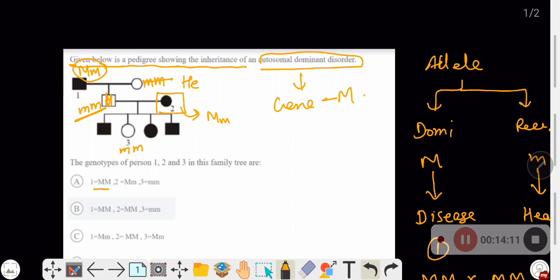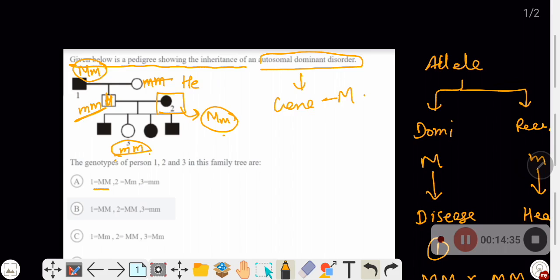Only then can it produce a healthy progeny, this one. So the second person's genotype is also heterozygous. So the first person has a heterozygous genotype, the second person has a heterozygous genotype, and the third person is homozygous recessive. We have already solved this puzzle.